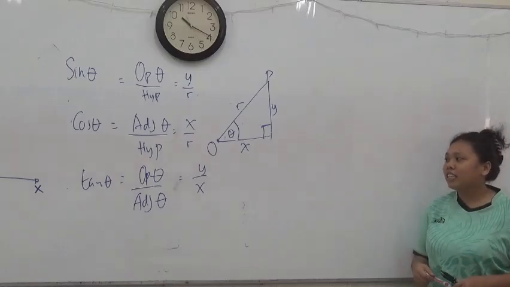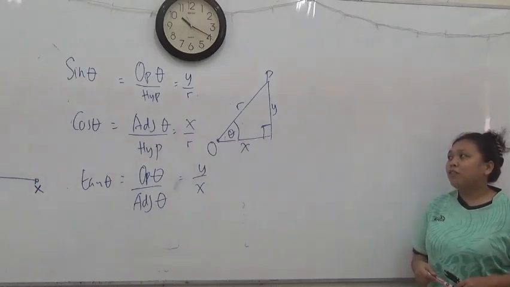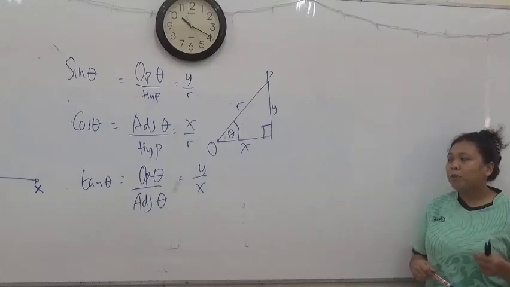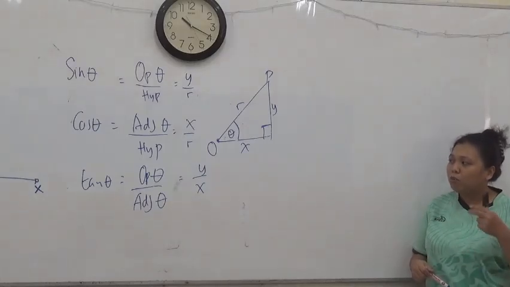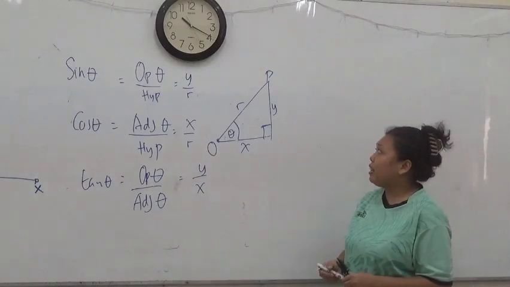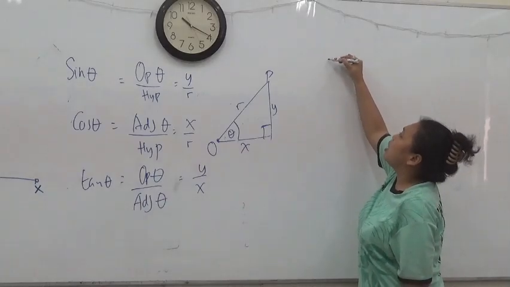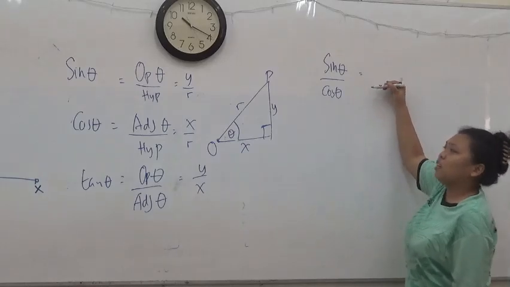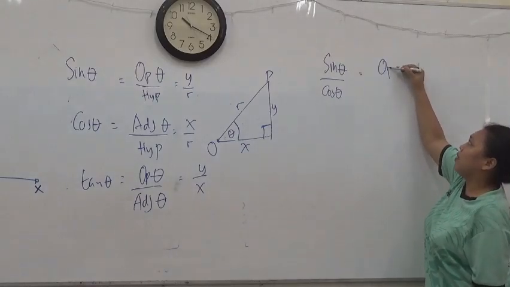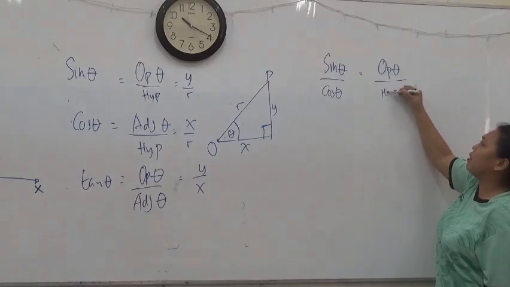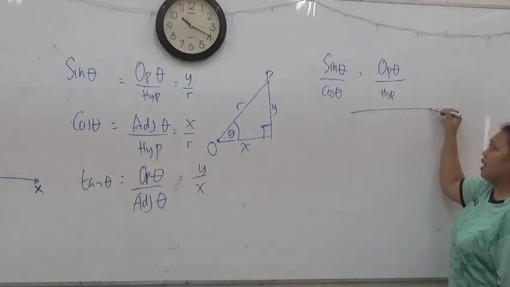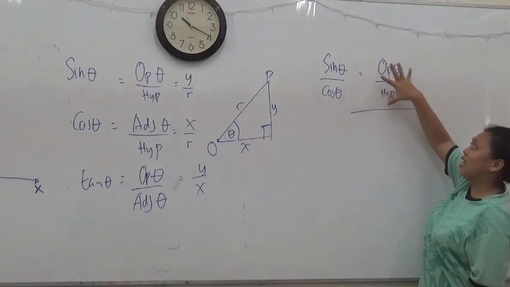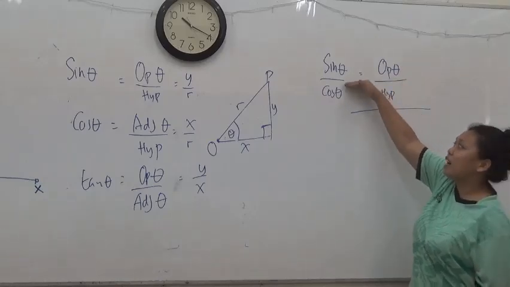Next, from these formulas we can simplify. You can also simplify the tangent theta formula. When you divide sine theta by cos theta, it equals opposite of theta divided by hypotenuse, and then you divide again. Sine theta is this fraction, and then you divide it by cos theta.